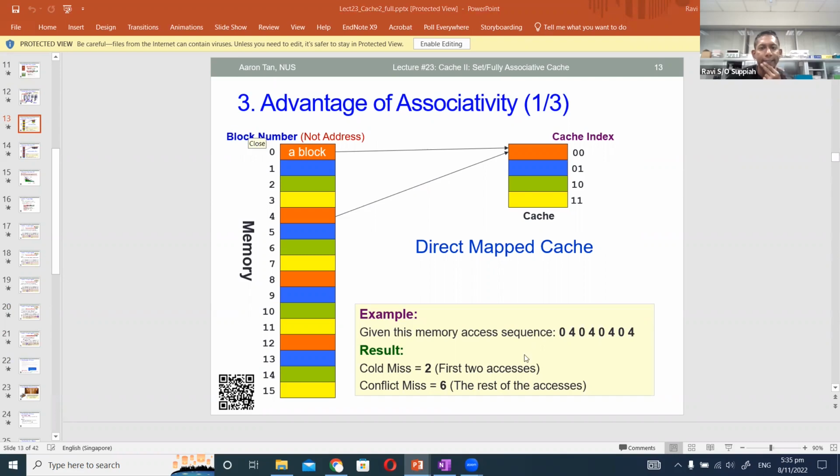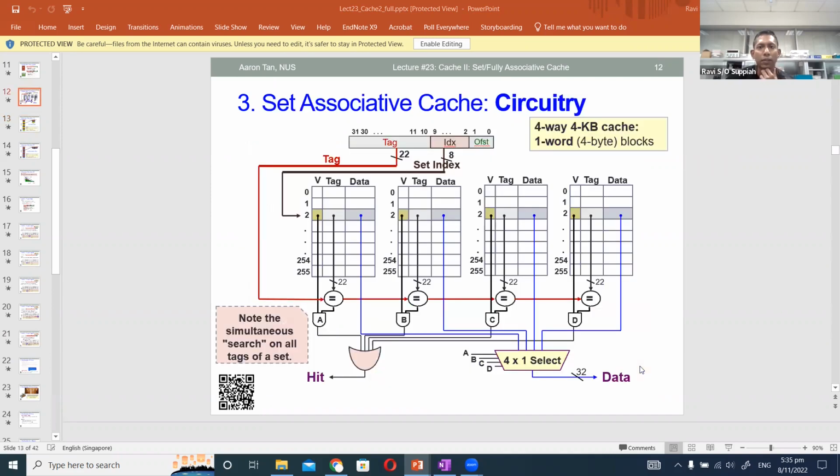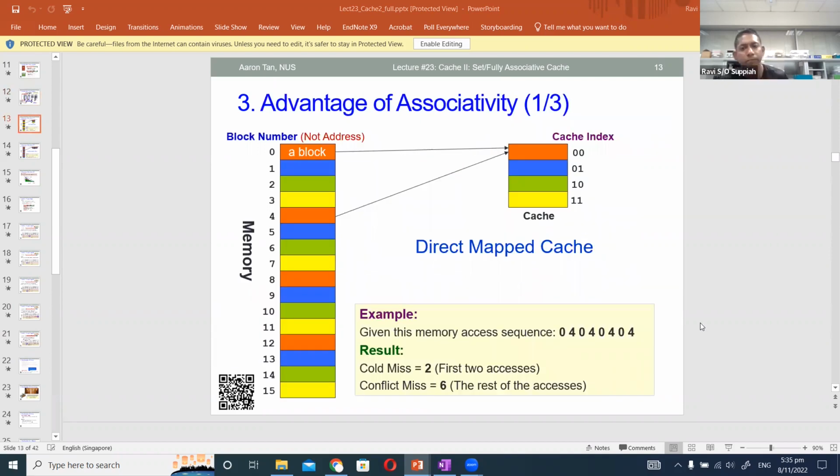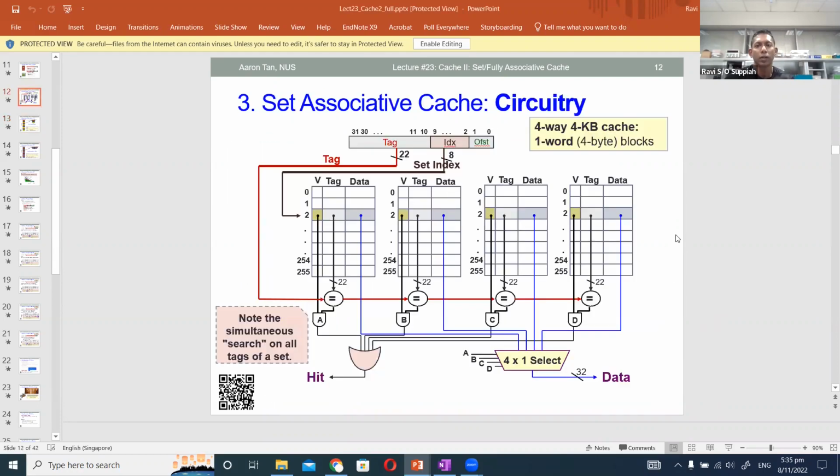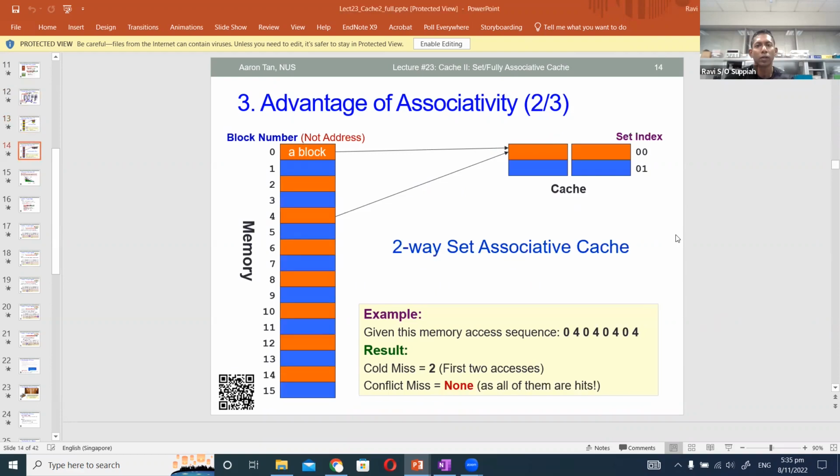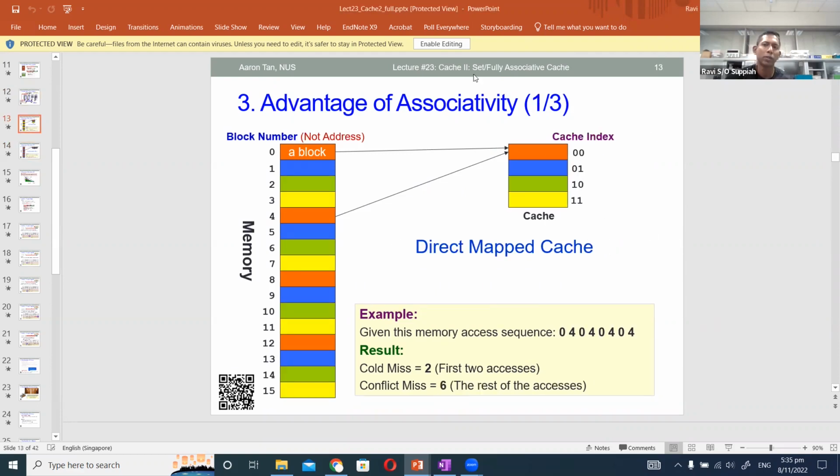Yeah, so I think the first one is only considered a cold miss.